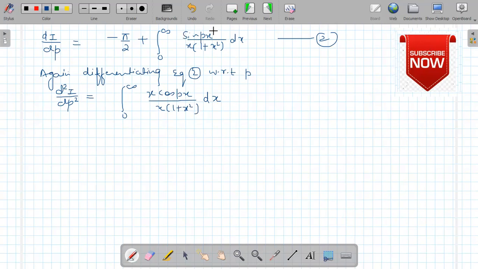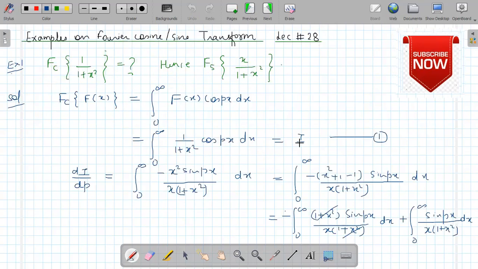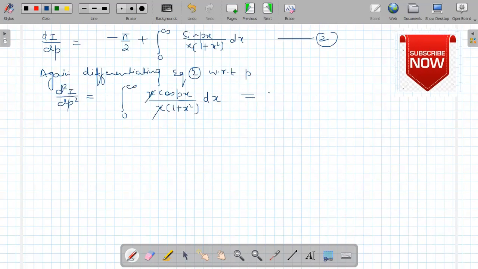We do this because if you differentiate it with respect to p, the integration that we obtain is similar to this I. So this can be replaced by I, so that we have the differential equation d2I over dp square minus I is equal to 0. This is from equation number 1.